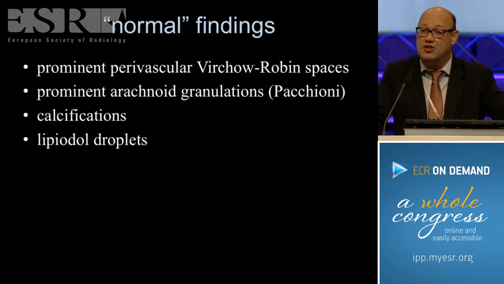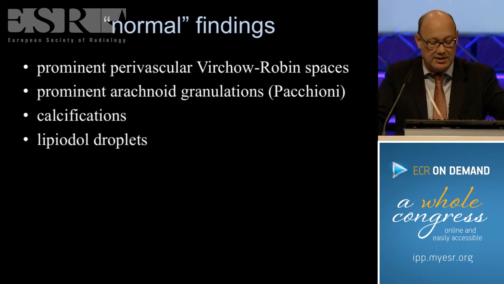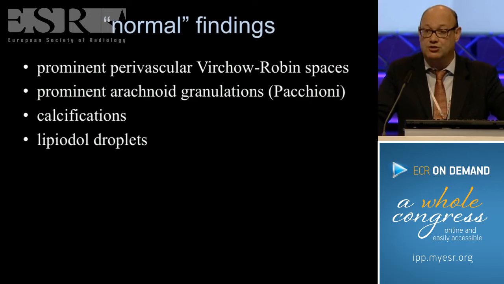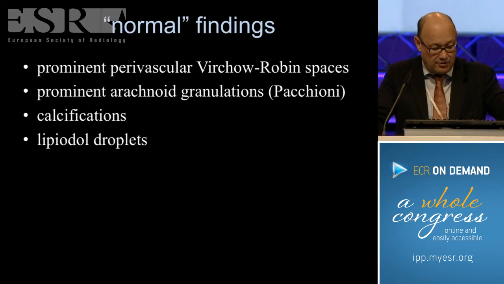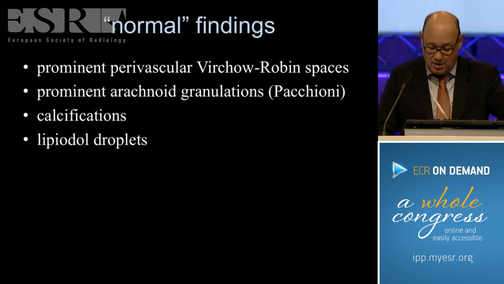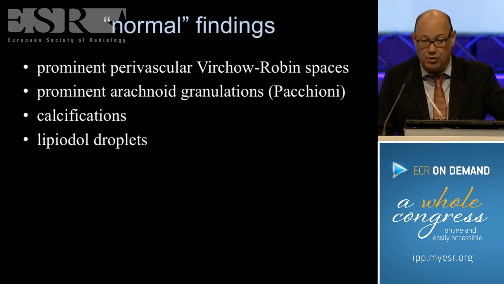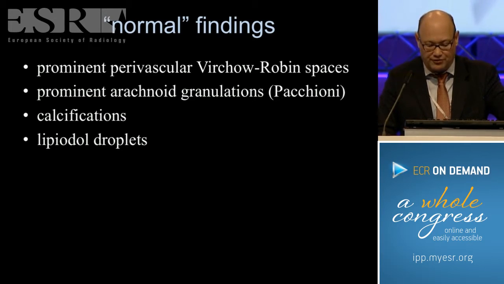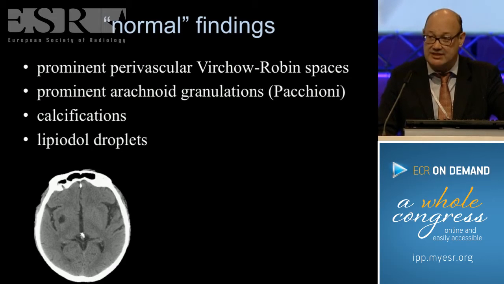One of these typical normal variants include, for instance, prominent perivascular Virchow-Robin spaces or prominent arachnoid granulations of Pacchioni, and also calcification and lipiodol droplets after previous lumbar puncture and myelography can give normal variants that may mimic disease.